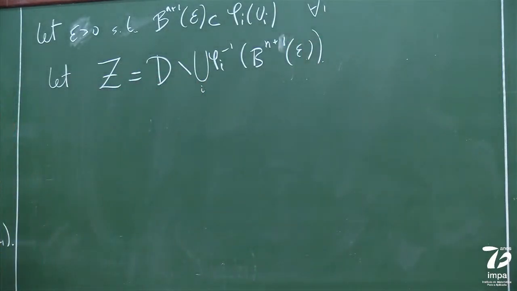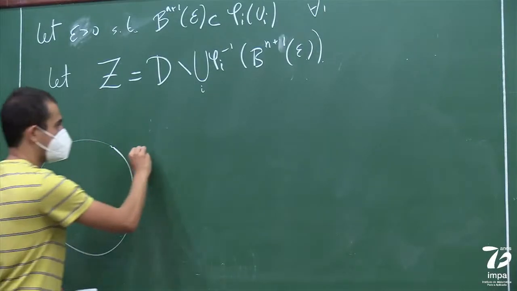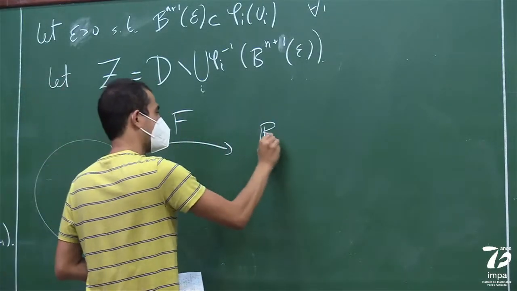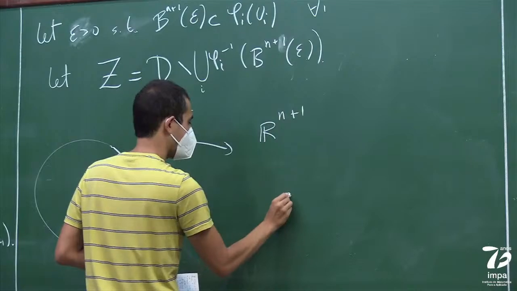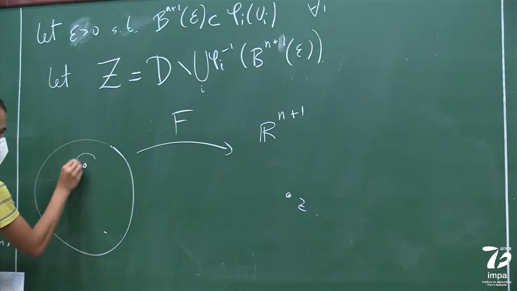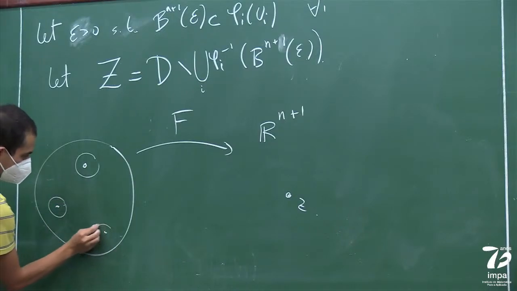Okay, so basically here's my D, and I have this map F that goes to R^(n+1), and I take a point z, and I look at the pre-images, and I look at little balls around them.